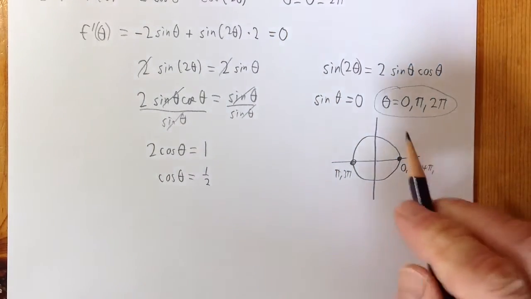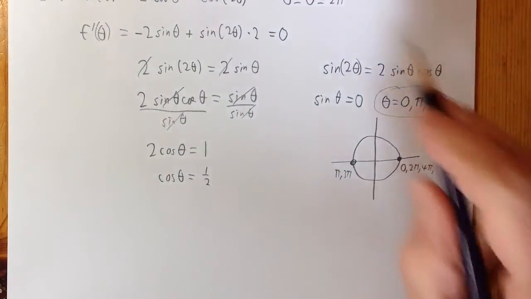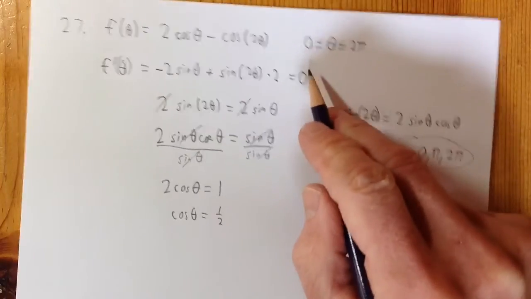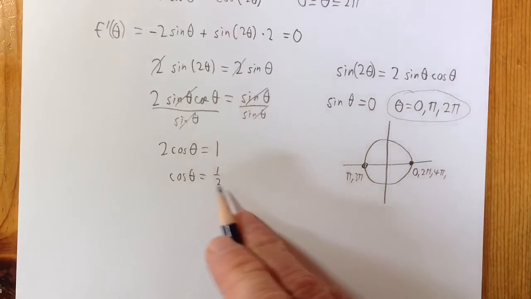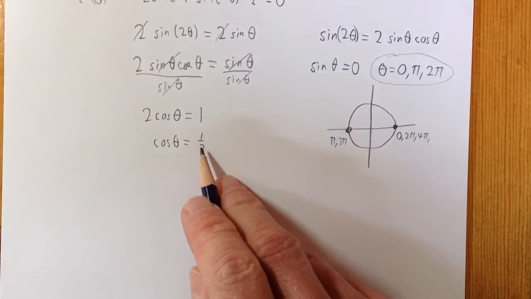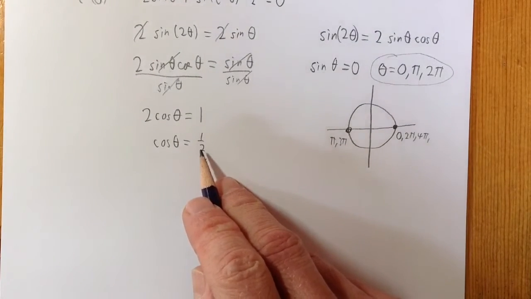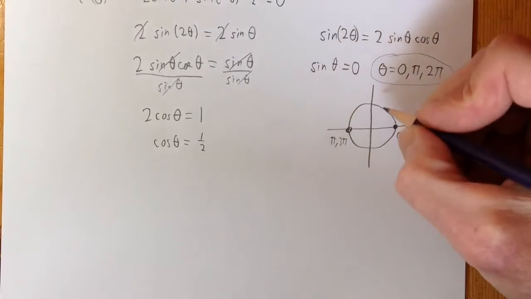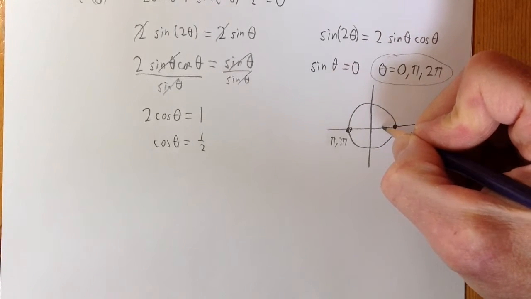So we already have 3 places where the slope is 0 between 0 and 2 pi, and we might have more. The other places are when cosine theta is equal to 1/2. So when does cosine theta equal 1/2? Cosine theta again is the x value, so 1/2 is right here.